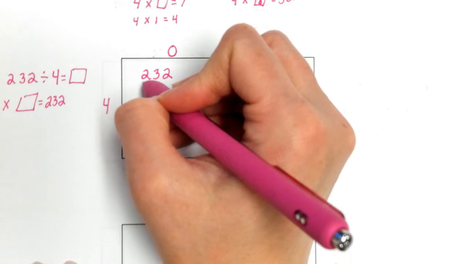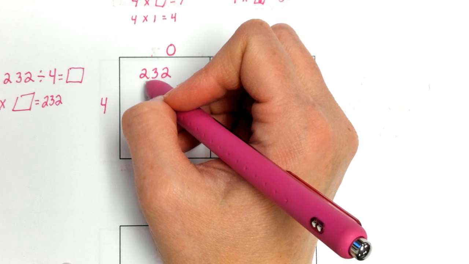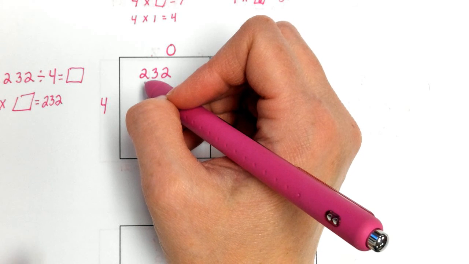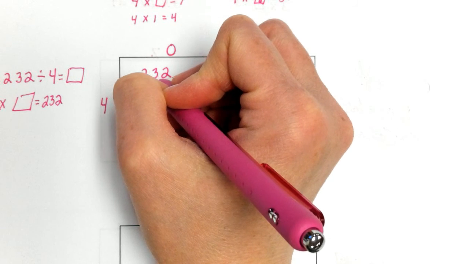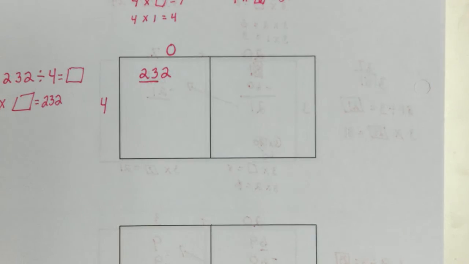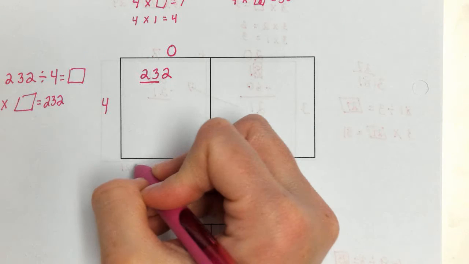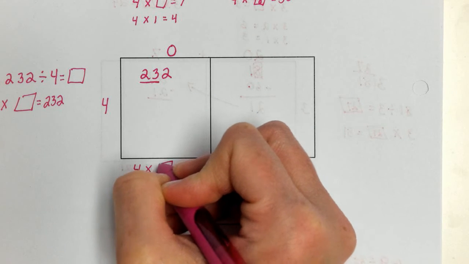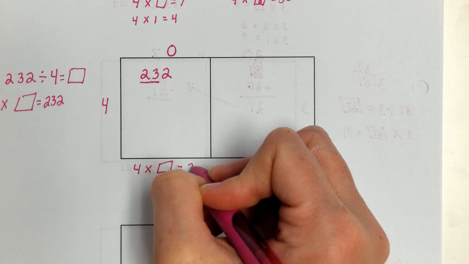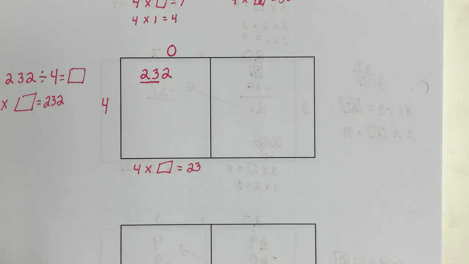All right. Now, for this number, since I have a 3-digit number, I'm not going to look at just the first number. I'm going to look at the first 2 numbers. So I'm going to look at the 23. And I'm going to think 4 times a mystery number equals 23.